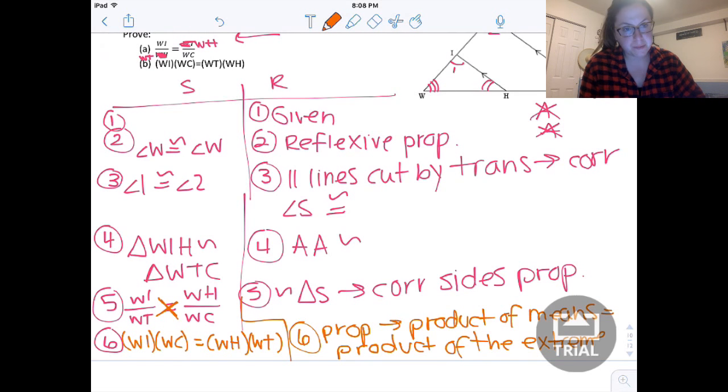And again, that's the hardest you're going to see with these, as far as things to prove, is trying to get the proportion and then to that cross product.